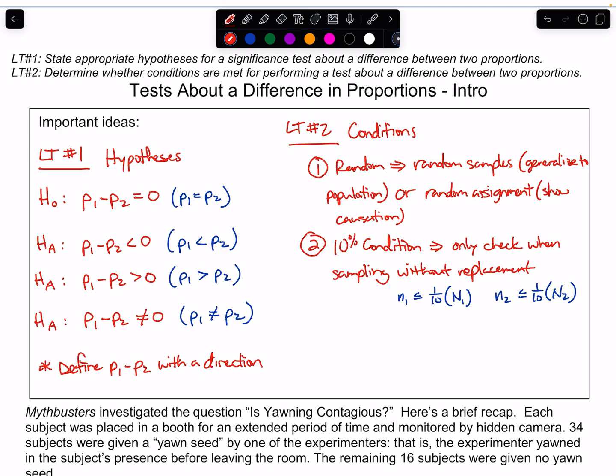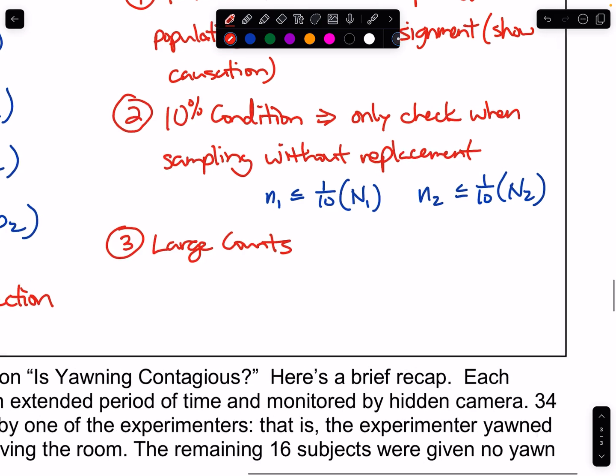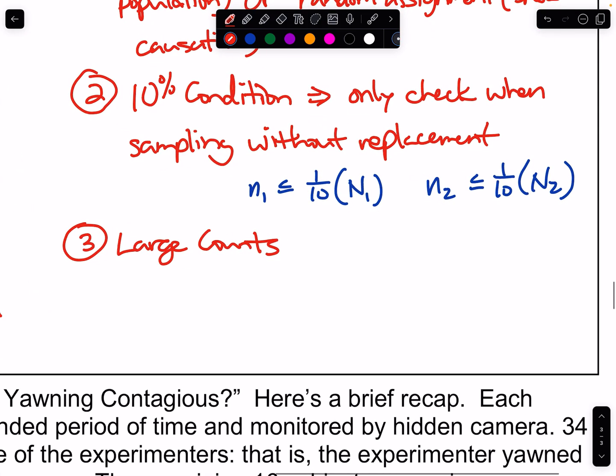And then third, this is where things get fun, is our large counts condition. Here's what we're going to need to check. This is a little bit different than what we're used to. Same idea, but with some new variables.